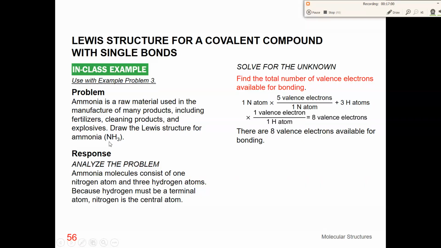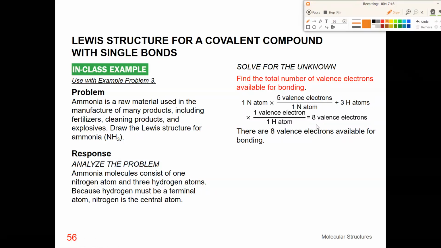Look at the periodic table and use the group number: valence electrons equal the group number, or group number minus 10. So nitrogen 5, hydrogen 1 each, and the total is 8 valence electrons.